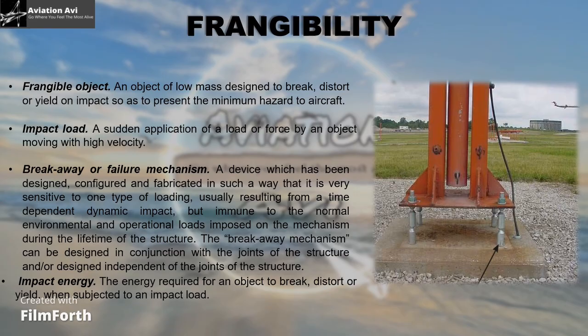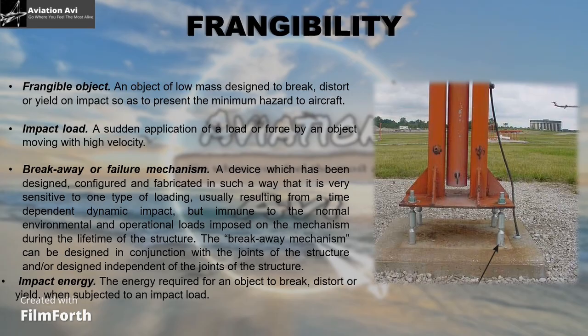The breakaway mechanism can be designed in conjunction with the joints of the structure and or designed independent of the joints of the structure. Impact energy: the energy required to break an object, distort or yield when subjected to impact load.